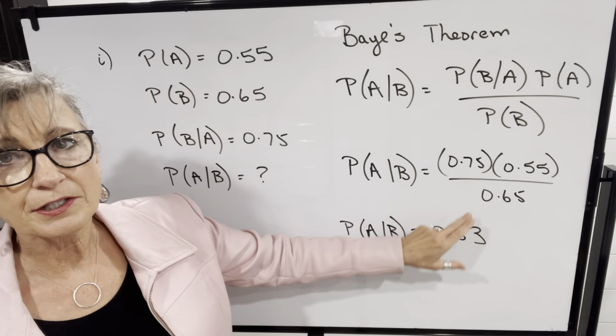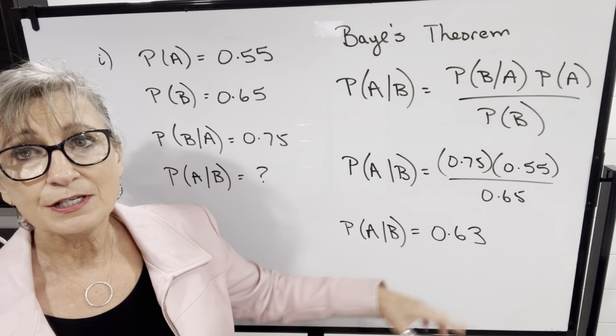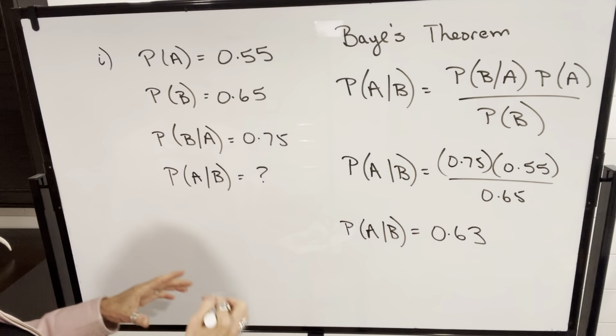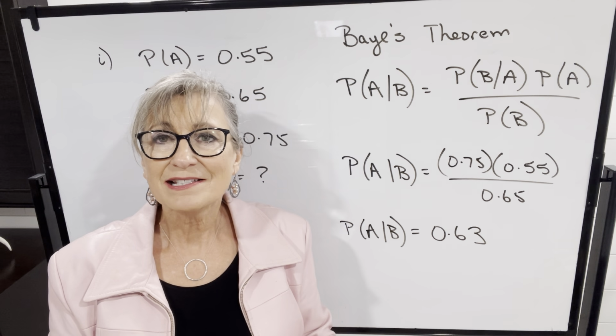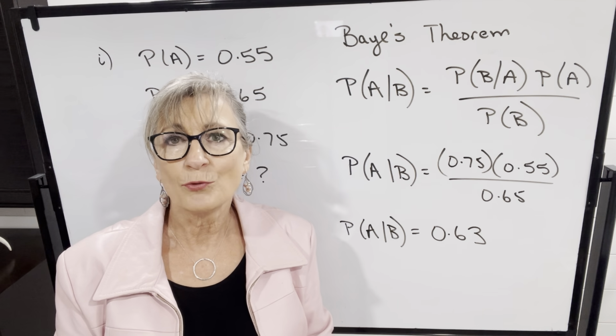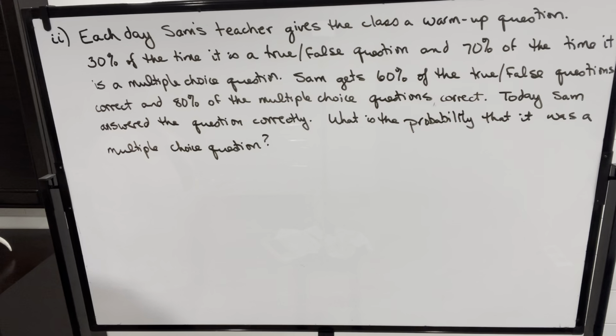And when we do the calculation, we get 0.63. So Bayes' theorem allows you to find one conditional probability when you know the other one. But let's look at some more realistic examples of where you're going to use this theorem.